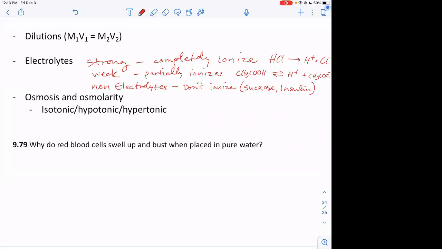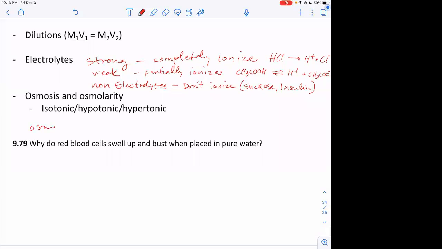Same osmolarity. Okay. And remember, osmolarity is just the number of particles. I'll give this equation to you: it equals number of moles of particles per liter of solution. So it's very much like a molarity, but you're considering the number of particles.